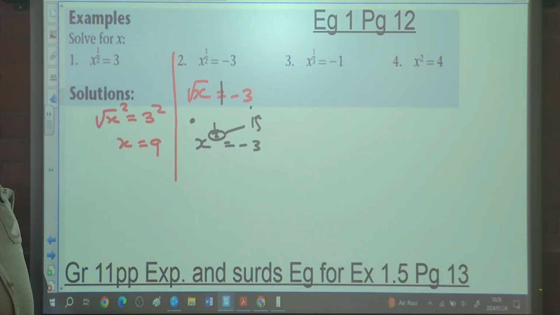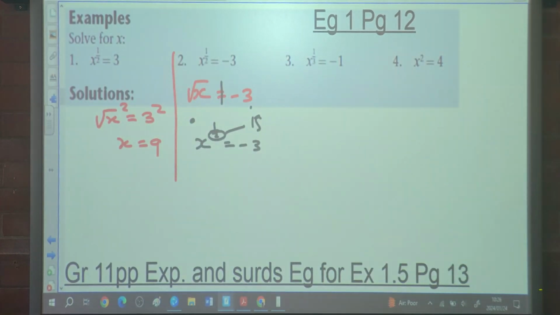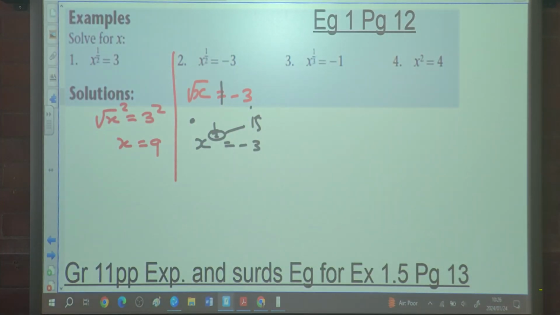If it's not positive, people, then it's going to be a no solution scenario. The denominator is even, and your number must be positive. Also, you must note that from a square root or even any even root, you'll never get a negative.